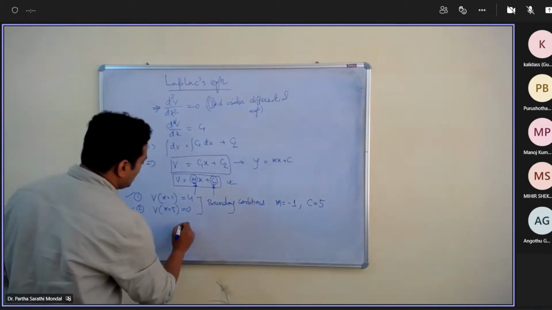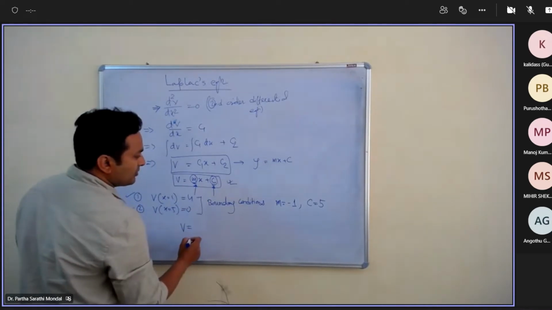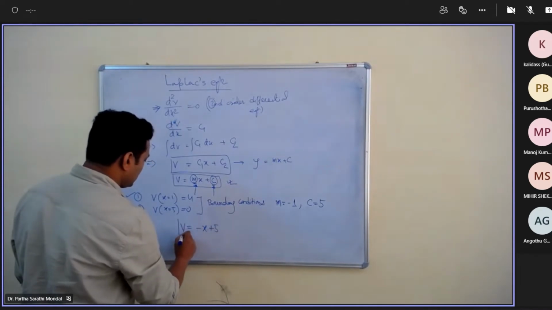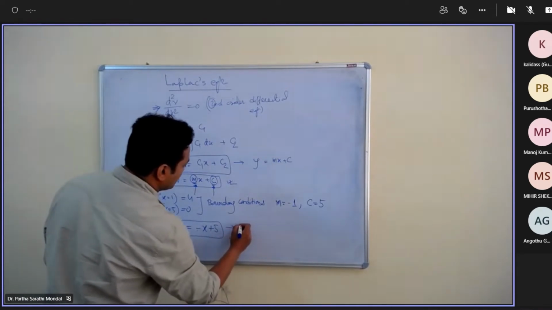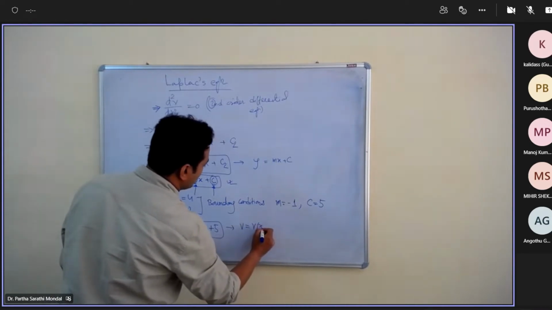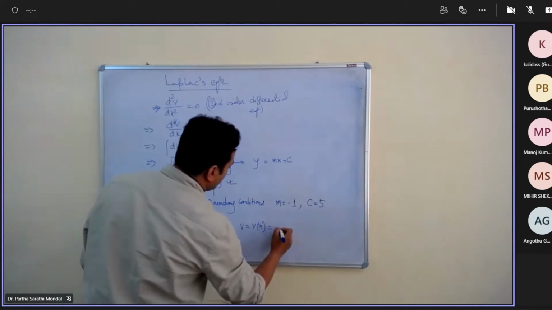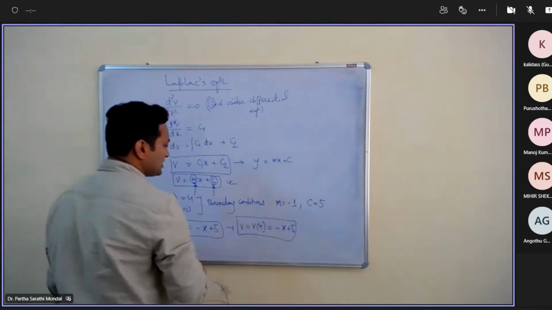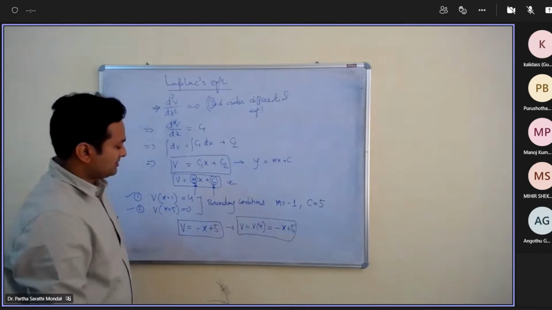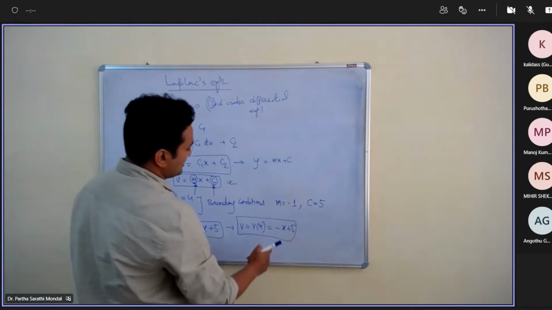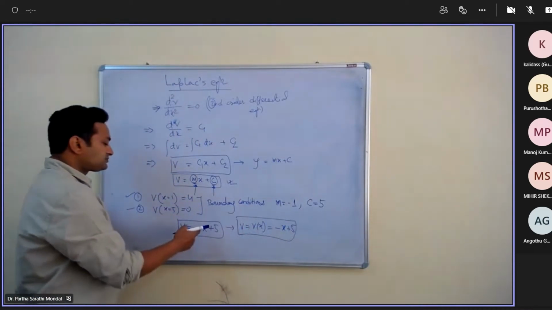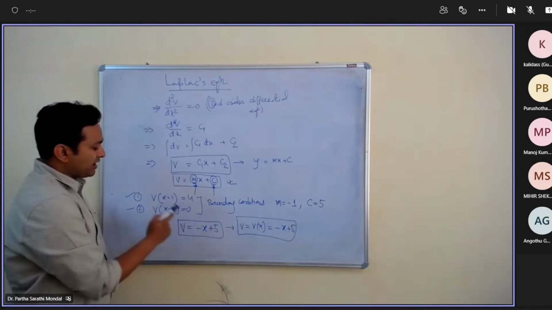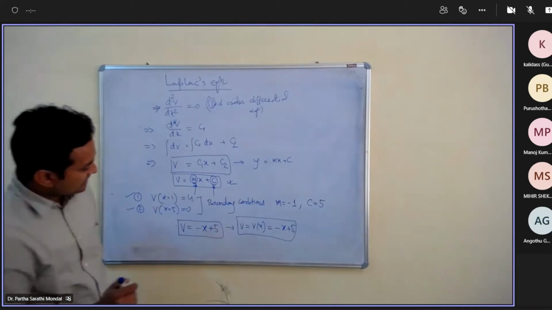Then your V will become -x + 5. So now you can see that V is only a function of x, which is -x + 5. So this is the solution, and it is a unique solution. It only depends on x. So if I know the value of x, you can find the unique value of V.